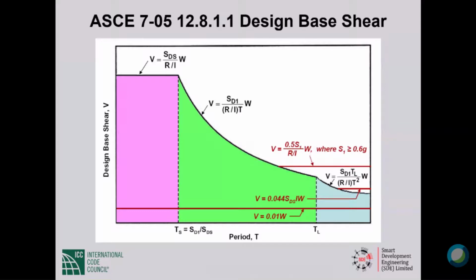Or the way ASCE 7 shows it, it is the elastic value divided by R over I. The reason we show it that way is that it tells you that in a hospital, a special moment frame will not be designed for an R of 8, which is a lot of inelastic deformation.